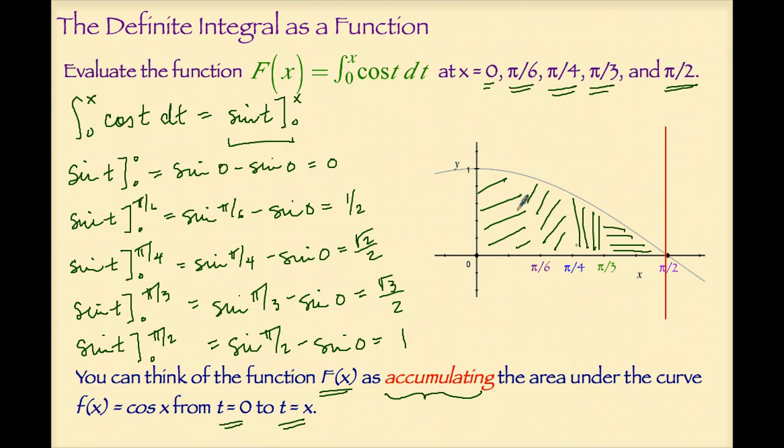When x was pi over 4, we had added a bit more and accumulated all of this area. When x was pi over 3, we added this bit and it was all of this area, etc. So that is the value of allowing your upper endpoint of integration to be a function so that you can look at area at several endpoints of integration rather than just one.